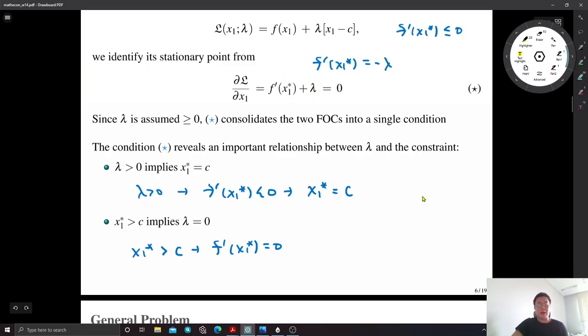That implies lambda is also equal to 0. So previously, we set up the complementary slackness condition using these two relations. But now we can express the complementary slackness in terms of lambda and the constraint.